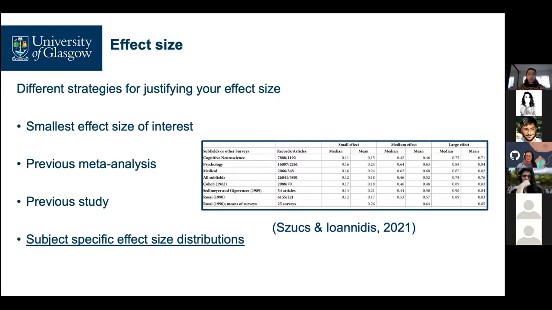So instead of 0.2, 0.5, 0.8 in Cohen's guidelines, it's 0.1, 0.4, 0.75 for small, medium, and large effects. So if you use Cohen's guidelines, it's essentially been an overestimate, and you could potentially have lower power for what would be more reasonable effects for your area of research. So see if you can find something that's going to be more appropriate.